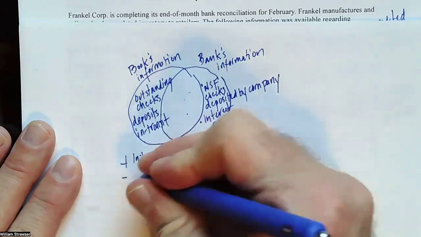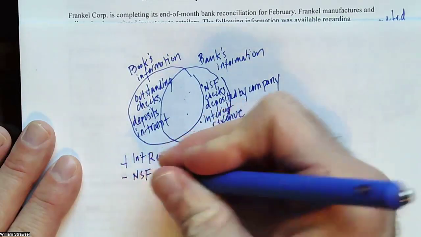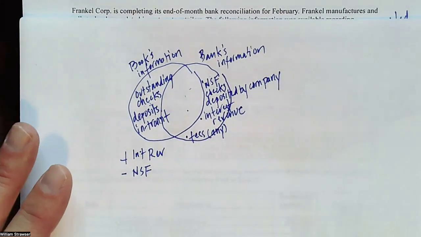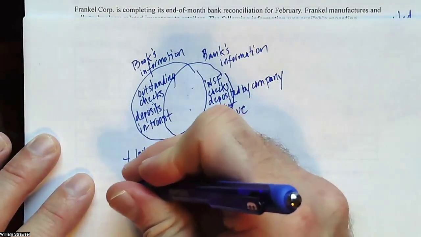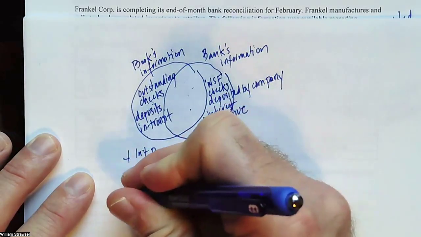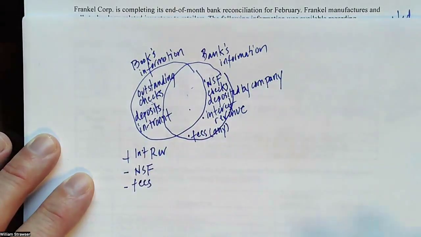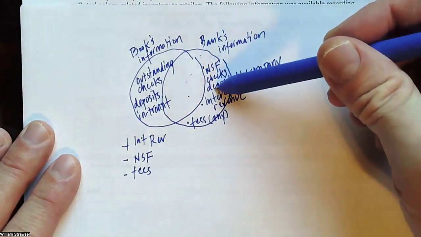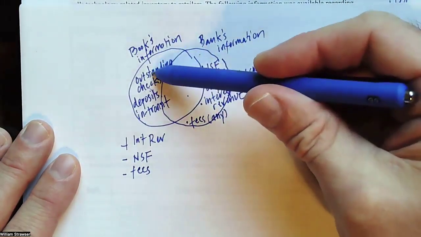We're going to subtract any NSF checks that we recorded as a debit, but then it ended up our customer did not have the funds to pay. And we'll also take away and deduct any fees here. So once we do that, we'll have a more decent idea because now we've added this little crescent to what the books know.